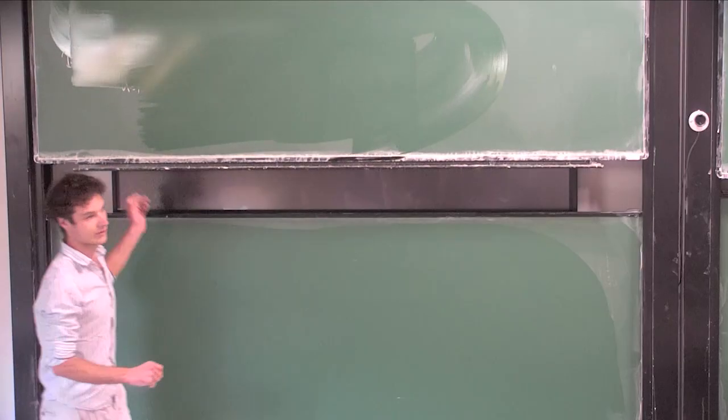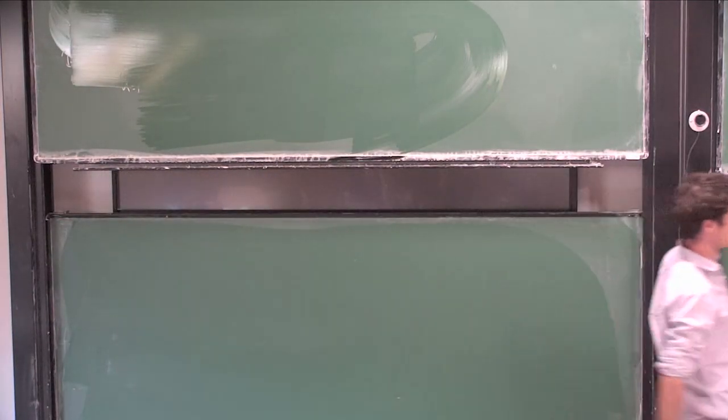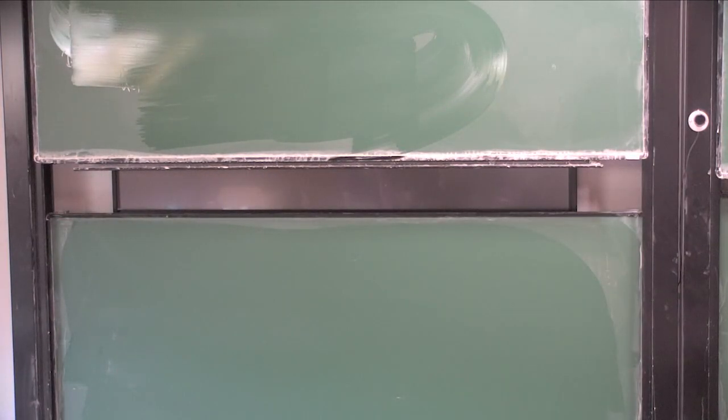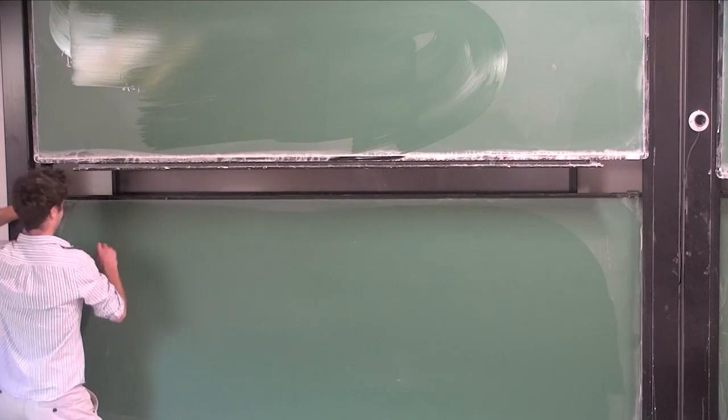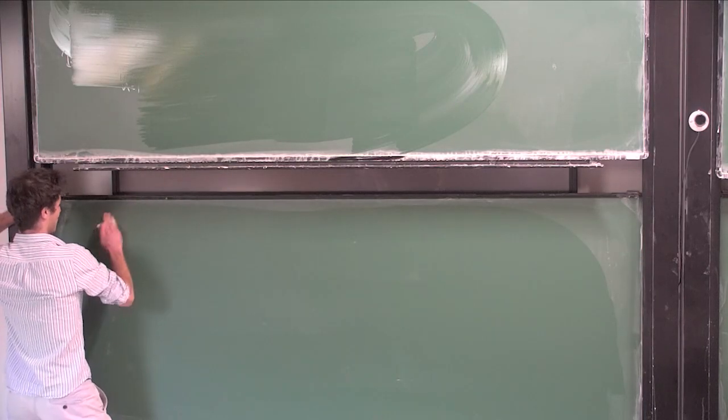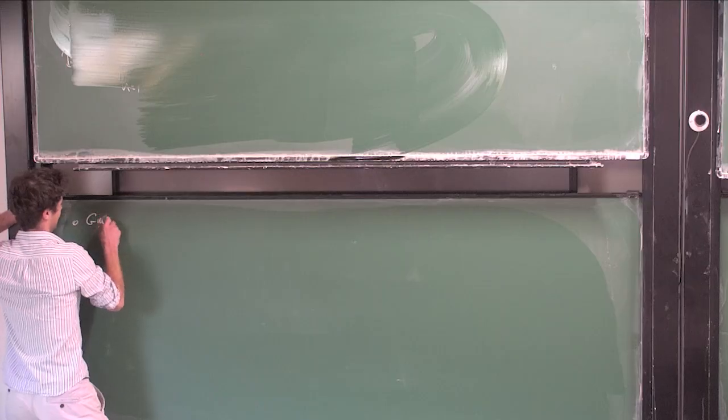So the first obstruction is the Gauss-Bonnet formula. If I integrate the curvature plus this k_g over the whole surface, I have a topological impact. So the Gauss-Bonnet formula, what is it?